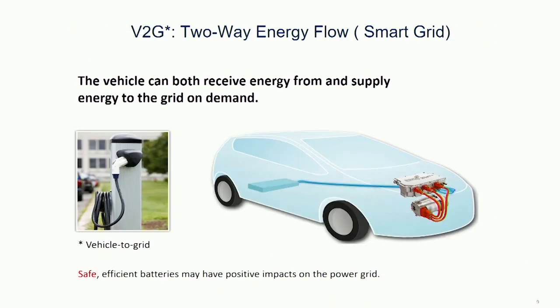Vehicle to grid has two-way energy flow. Now we can see Mitsubishi and Nissan Leaf are introducing vehicle to grid to the market. Hydro-Québec is developing electric motors and also the technology of vehicle to grid.